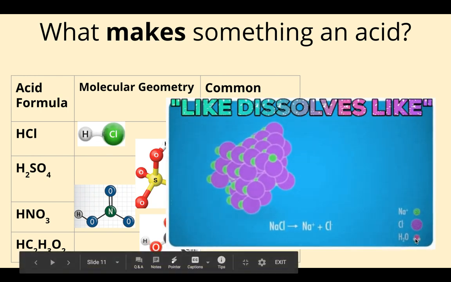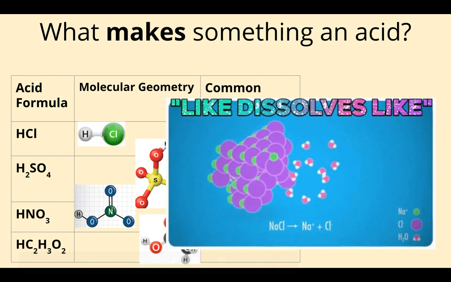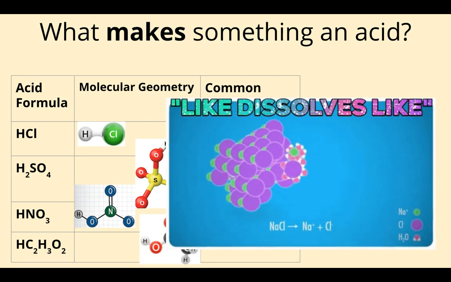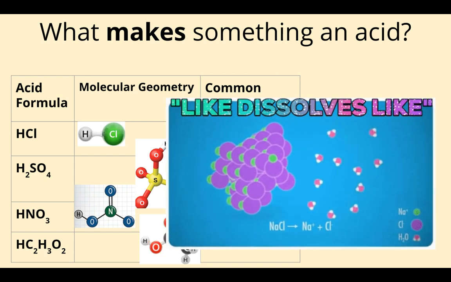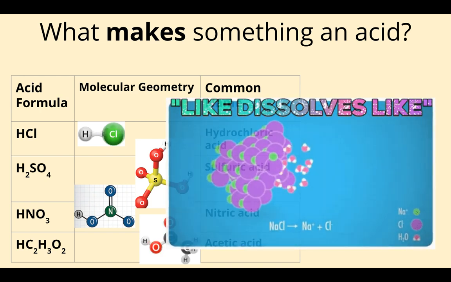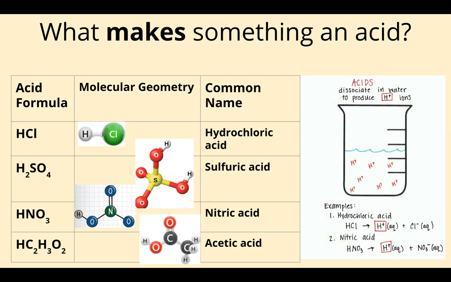The negatively charged oxygen atoms would surround it, not only dissolve it, but also dissociate it into an ion, a hydrogen ion, so that it has a positive charge. And it turns out that not only do all four of these molecules do that, but that is the definition of an acid: anything that, when put in water, dissociates to produce hydrogen ions, or H+ ions.